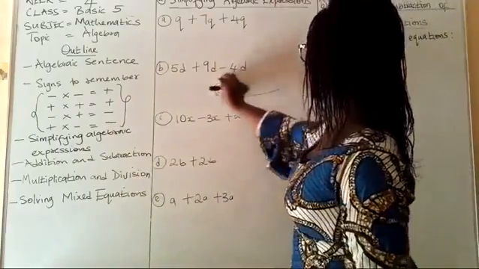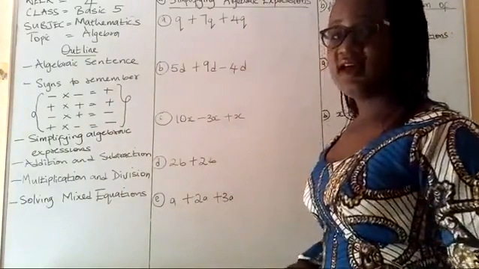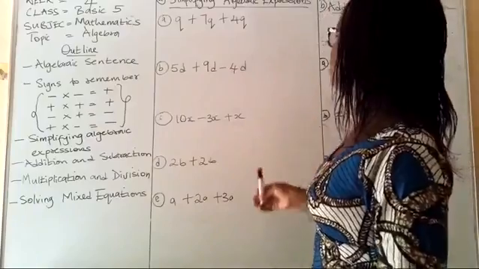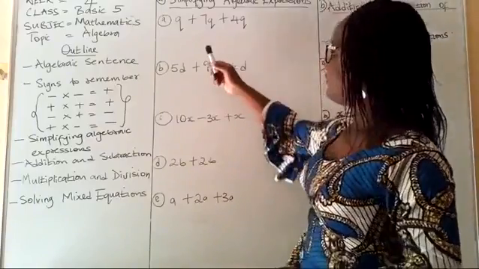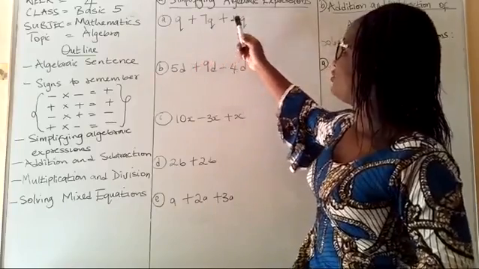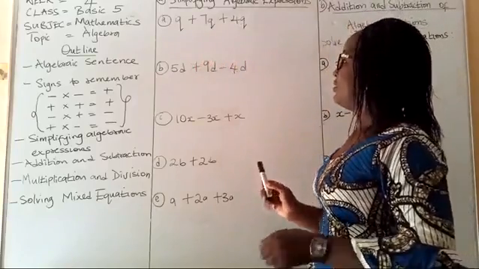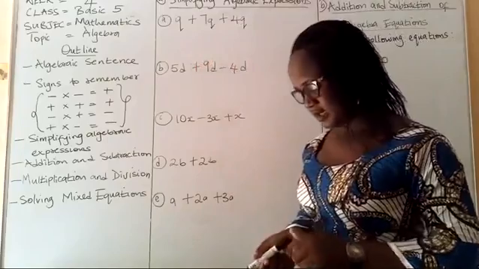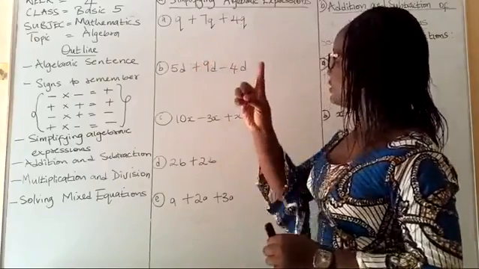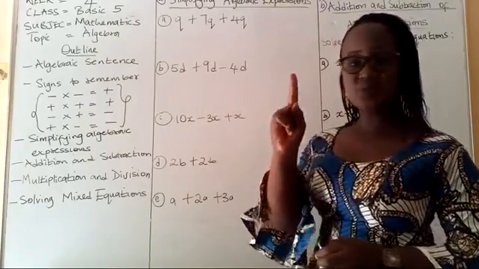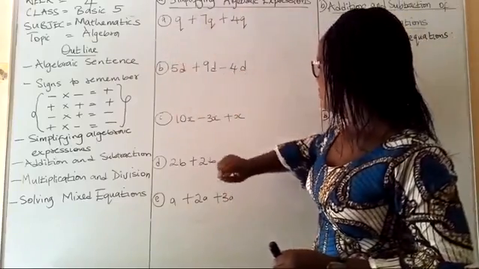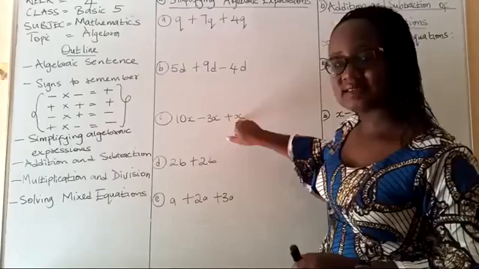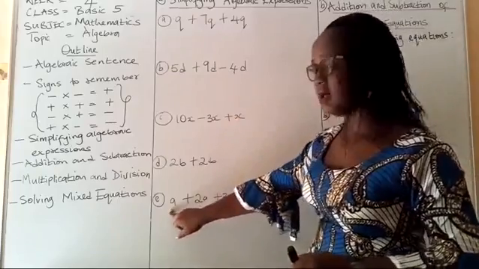I have the first set of questions here. We are simplifying algebraic expressions. Look at this: we have q plus 7q plus 4q. When you have just one letter, it represents 1. This is the same as 1q, this is the same as 1s, this is the same as 1a.